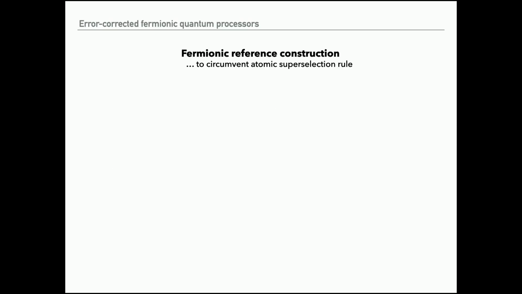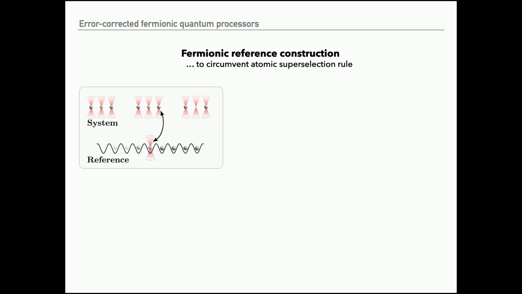One construction that we came up with is what I'm going to explain on this slide. Essentially, we suggest using an ambient system. If you bring in an ambient system with ancilla atoms, if you wish, and you carefully design the interactions between the system and what we call a reference, then if you look only at the system, you can make it look like you actually have superpositions of different atom numbers within the system.